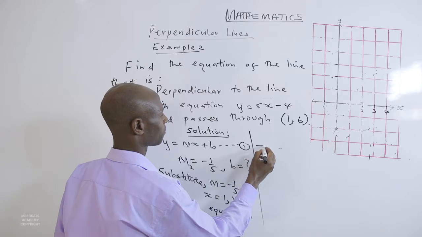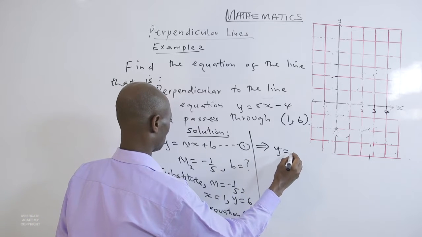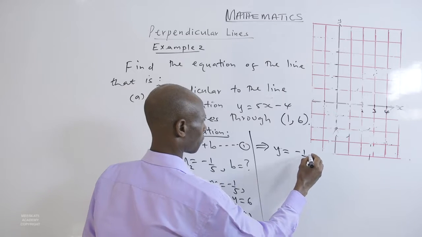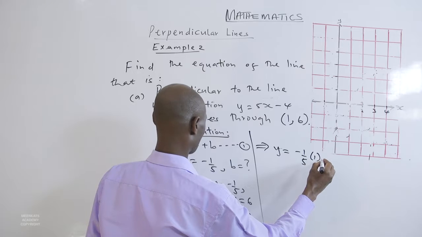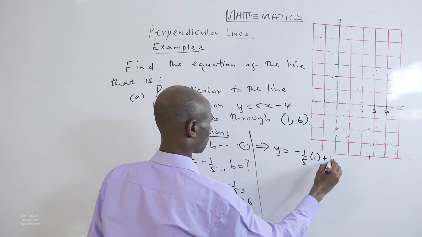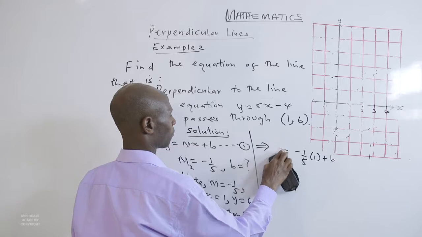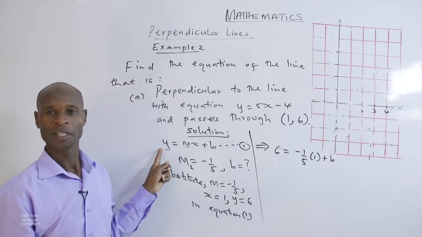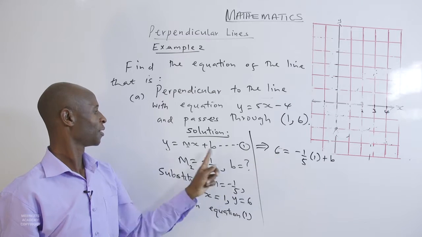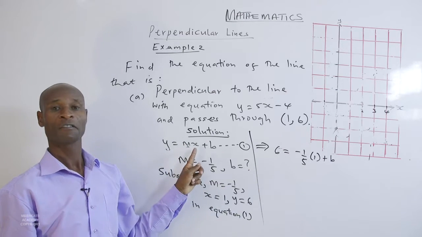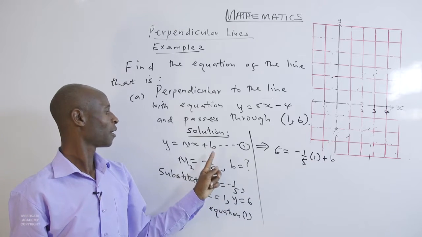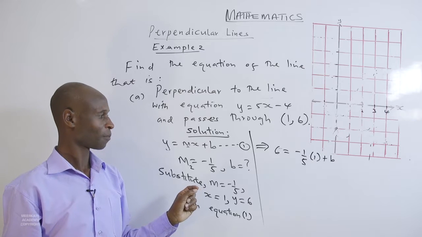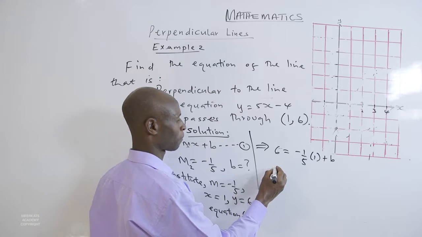That means where y is 6, m is -1 over 5, x is 1, and b is unknown, is what we want to find out. So we simplify.